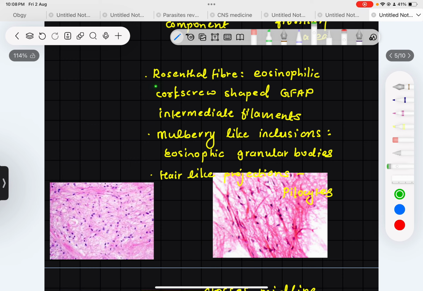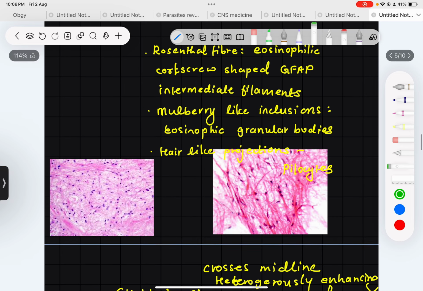So what is a Rosenthal fiber? We know that pilocytic astrocytoma is a benign glioma, so all glial cells are going to be GFAP positive. What is GFAP? It is actually an intermediate filament. This filament is going to aggregate and form eosinophilic corkscrew shaped structures, so they are known as Rosenthal fibers.